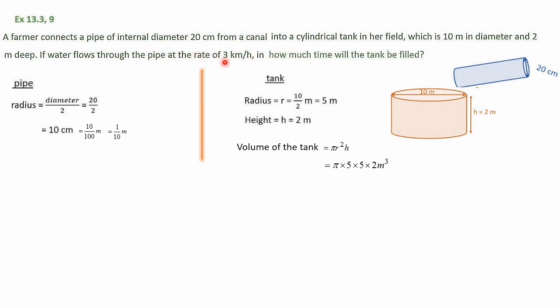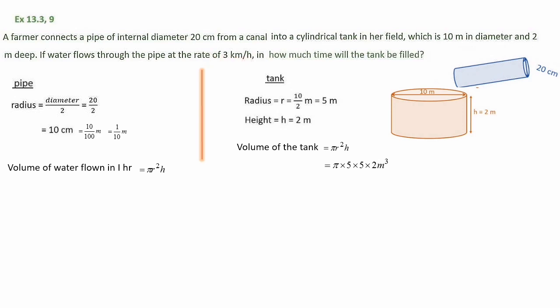Next, by using this rate of flow, we will calculate the volume of the water flown in 1 hour. So since the water is flowing through this pipe and coming into the tank, the speed of the water which is flowing through this cylindrical pipe is given to us as 3 km in 1 hour.